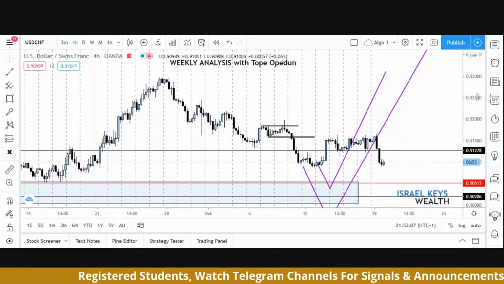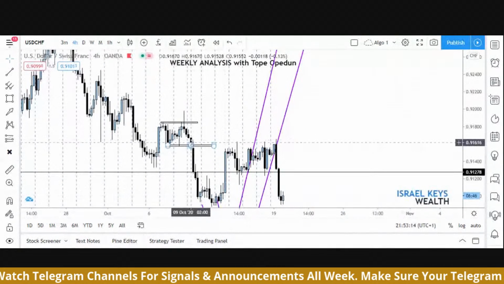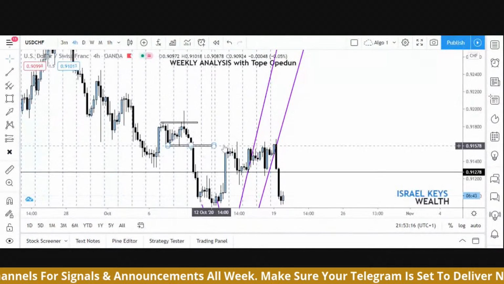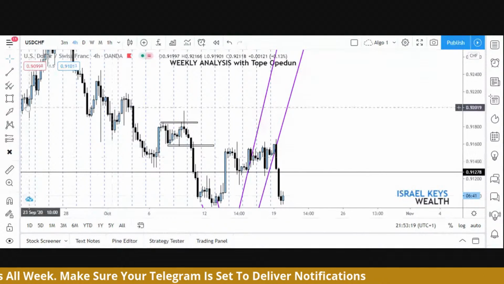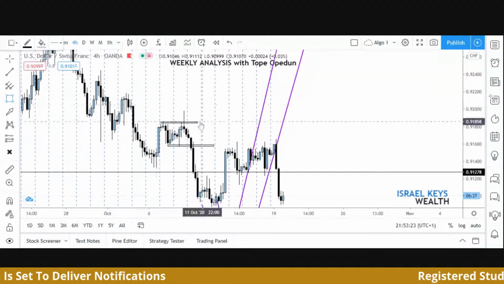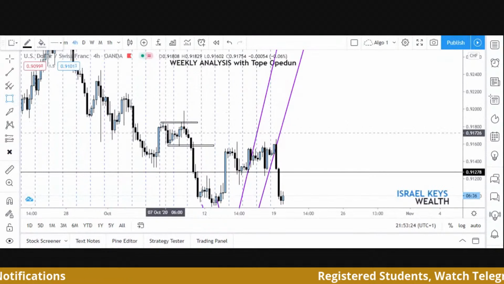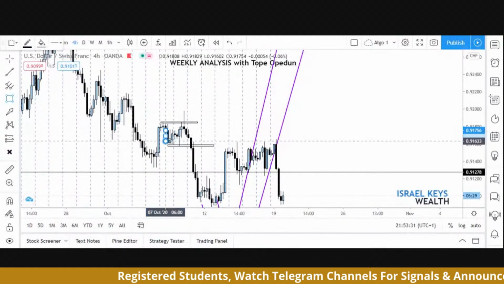When market structure break happened, that's a good signal for us that the algo will shift itself. And then we would look for areas within that range for price to go to and get a reaction down. So the first one I want to mark out is this bearish candle.